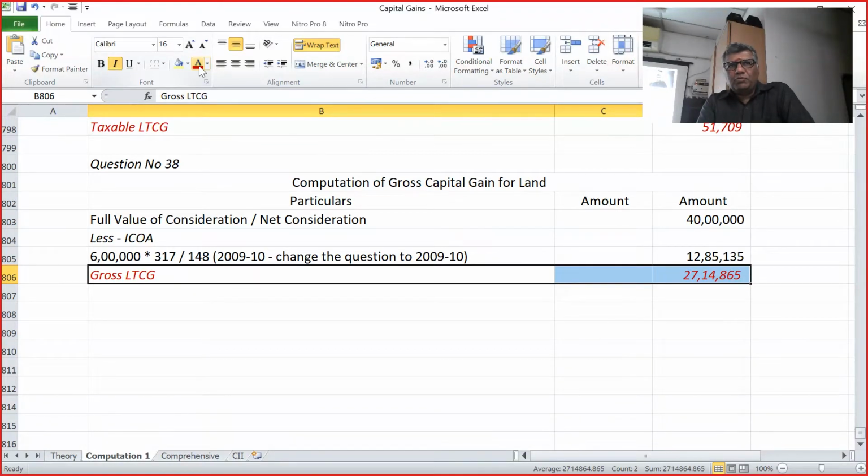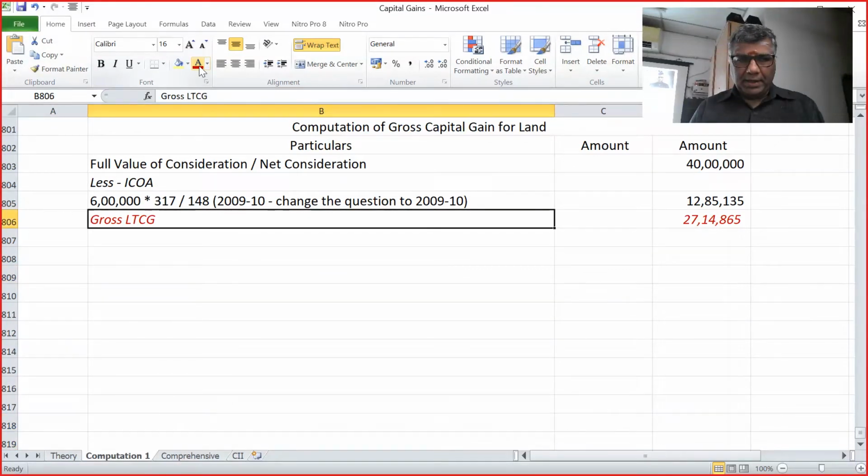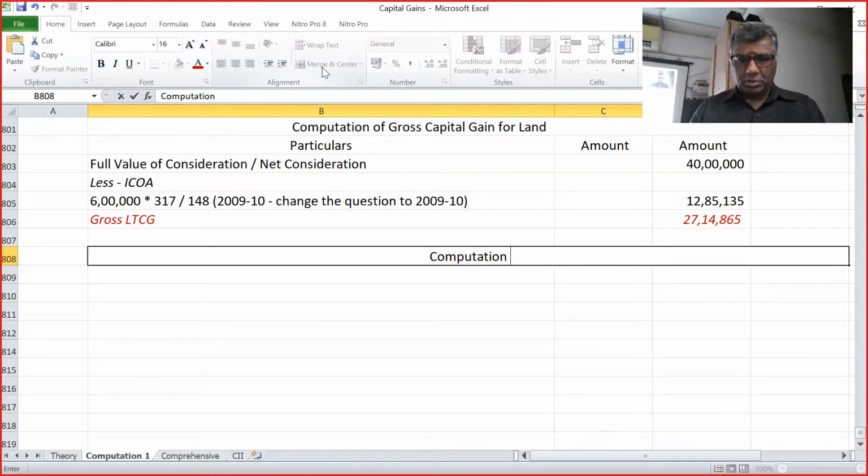Shall we go ahead for building? For land, I am getting 27,14,865. Now I am going for building. Computation of depreciation slash capital gains for building.